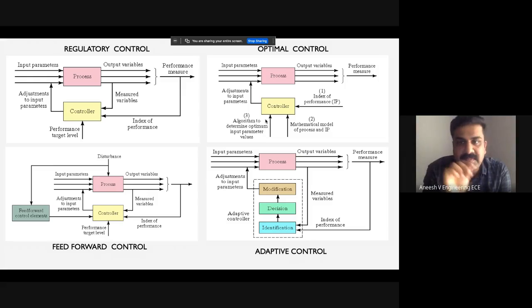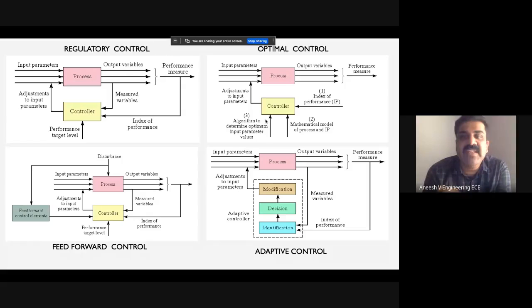Both we will consider mathematically model. And along with that, for optimum input parameter values, we need to determine an algorithm. We are generating an algorithm for determining the optimum value. Based on these 3 parameters, the controller will function and adjust the parameter for the case of optimal control structure.